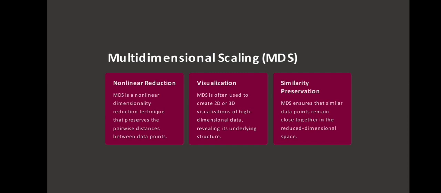Here we can use this technique in similarity preservation also. That means that it ensures that the similar data points remain together and close in a reduced dimensional space, which I said earlier. It also helps us in creating 2D or 3D visualization for high dimensional data, revealing its underlying structure.